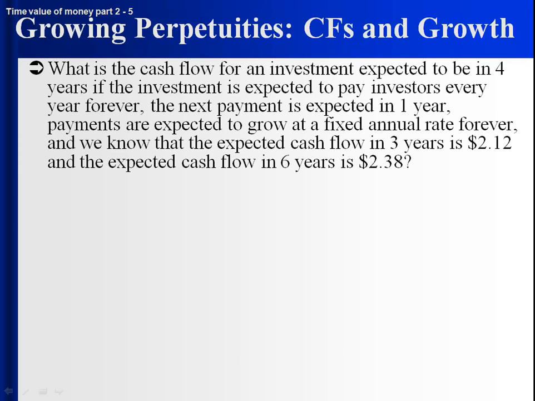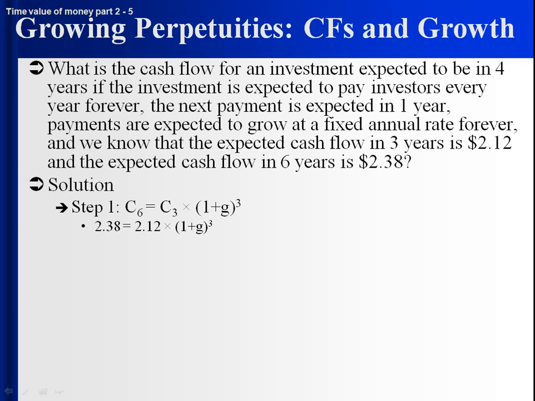So let's figure some of it out. Again, we know that we went from 212 to 238 in 3 periods. What's the growth rate? Remember that if you take both sides to the 1 over n, the exponent cancels out.